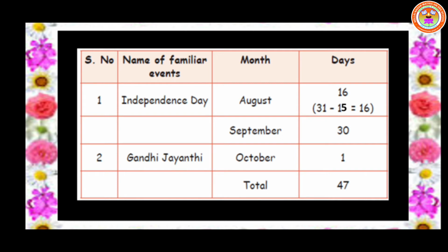So in the October month, we are taking only one day. Now we are going to add these days. In the August month, we have 16 days, September month 30 days, and October month 1 day. So 16 plus 30 plus 1, we get 47 days. So the total number of days between Independence Day and Gandhi Jayanti is 47 days. Is it clear, students, this problem? Yes?